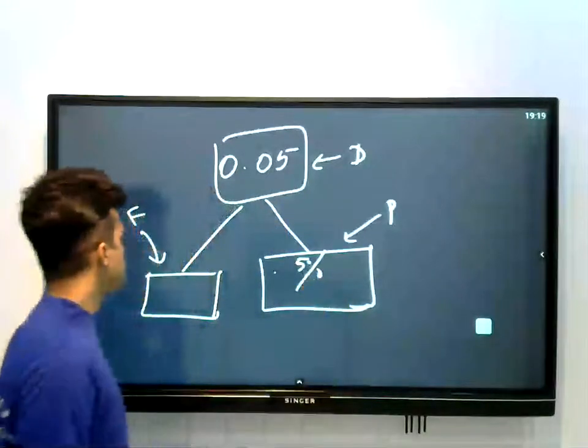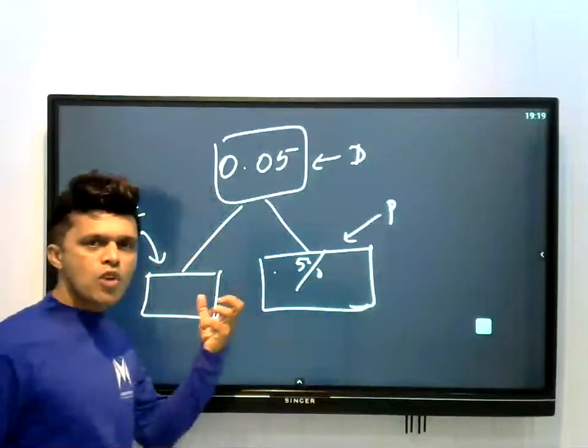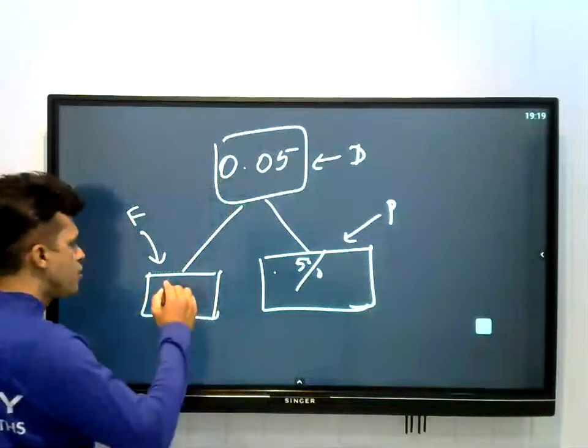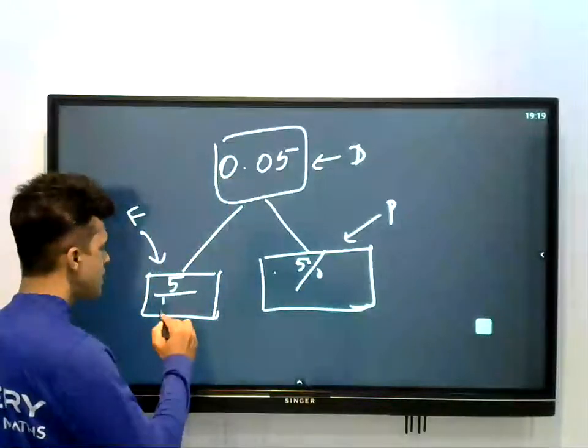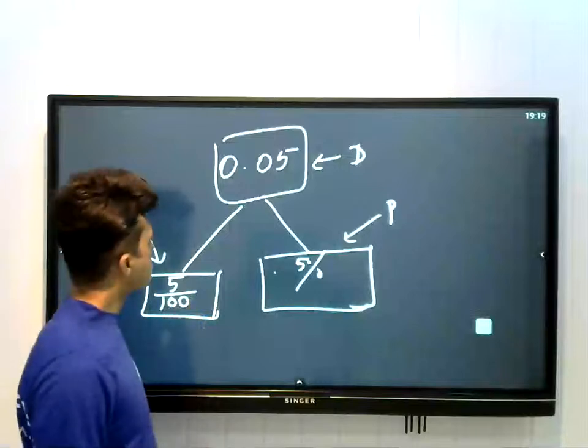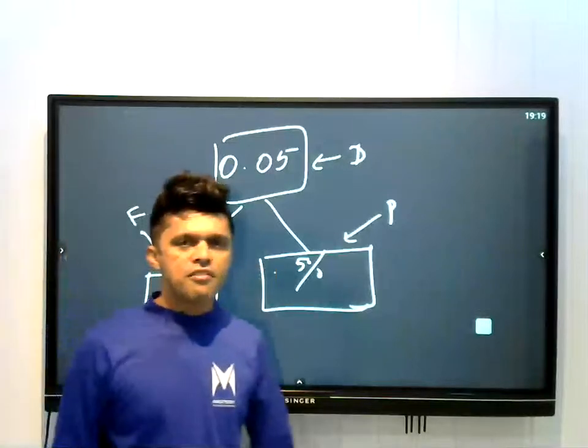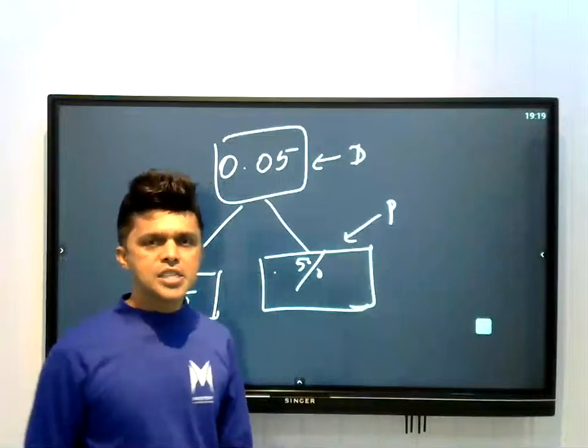The answer is 5%. What should be the fraction here? 5 over 100 is the related fraction. The percentage is 5%.